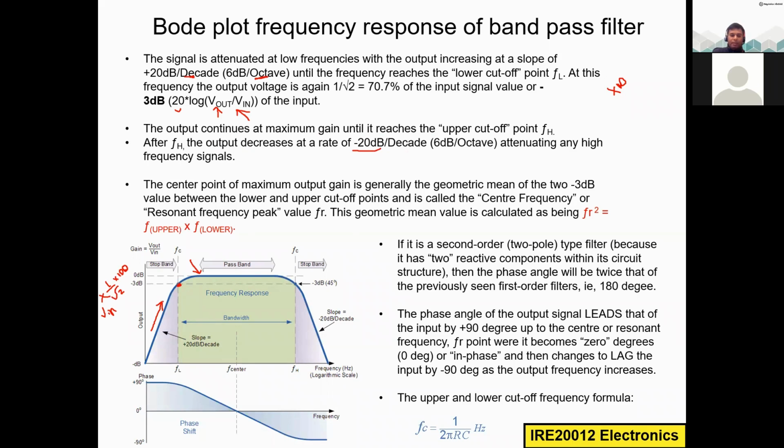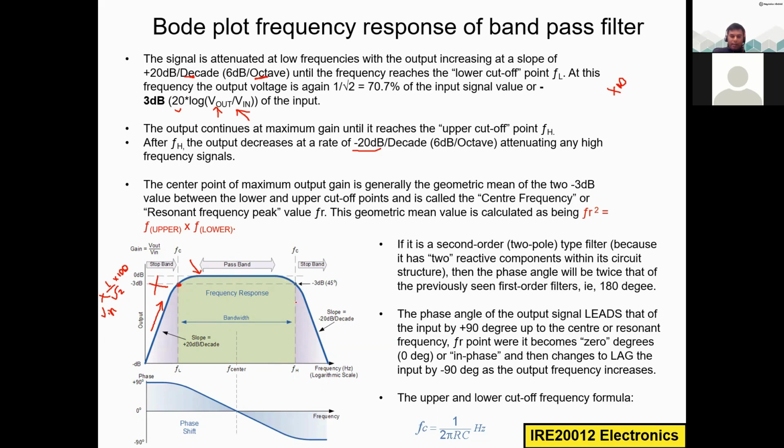So it's rising plus 20 dB per decade, and then it becomes flat, and after the frequency reaches the maximum cutoff frequency, it will fall down. Until we reach this lower cutoff frequency, this is the attenuation part. We are blocking the frequencies and we don't get the output. Similarly, here we are getting the output. So this is called a pass band or band pass.